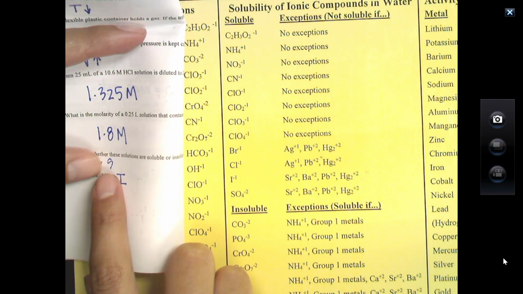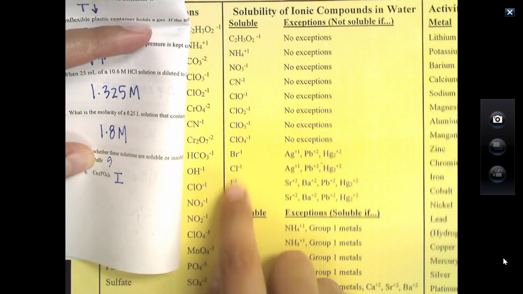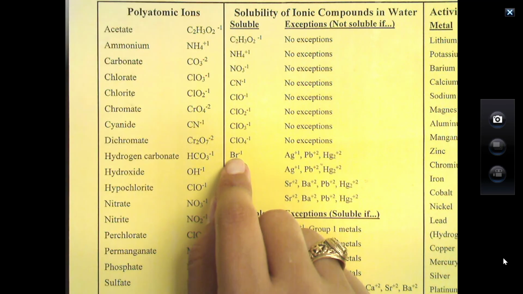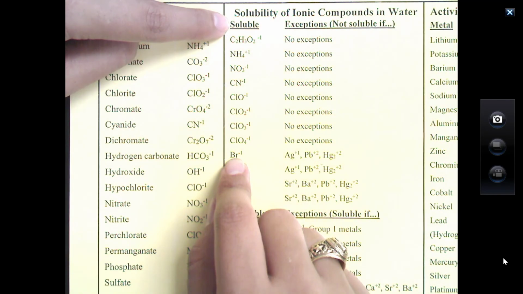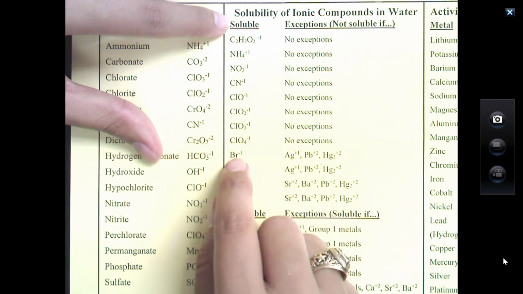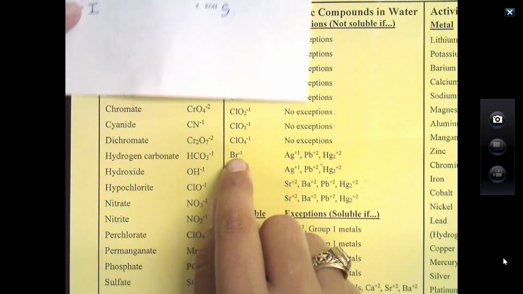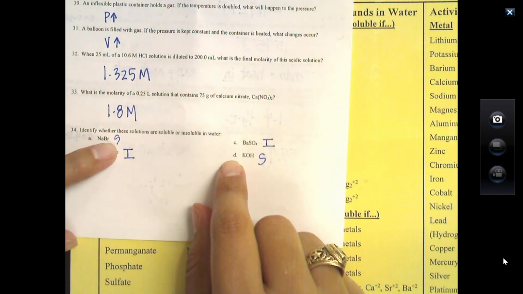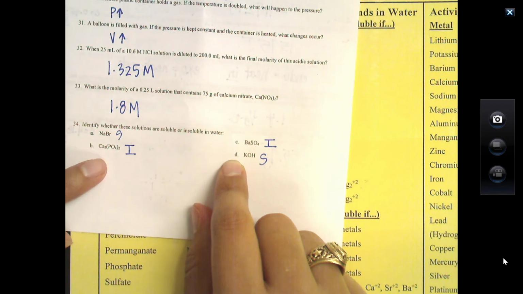So we're going to look for the Br. Br is in the soluble section. There are 3 exceptions, but Na is not one of them, which is why NaBr is soluble. That's an S.